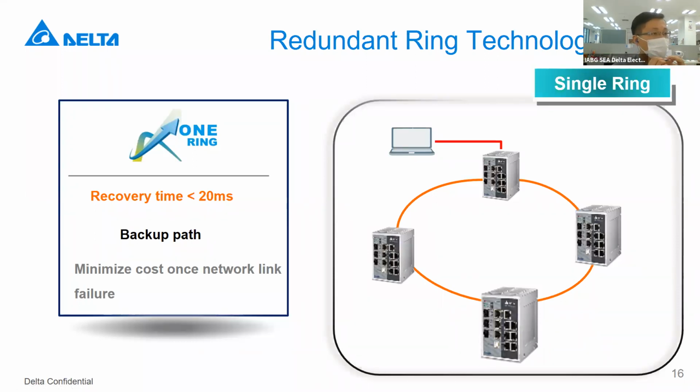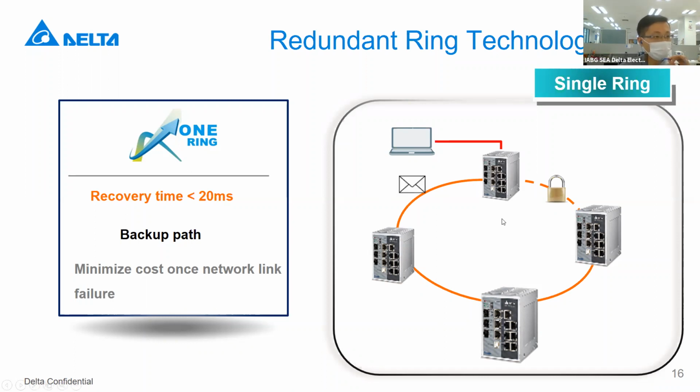So for the network, a very important thing is the redundant ring topology. In case some link is shut down, maybe because of the cable or the connection, and it doesn't work anymore, the ring type is very useful.